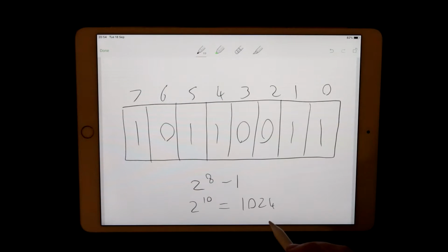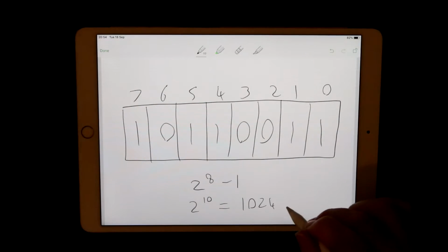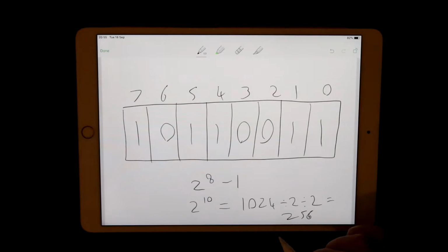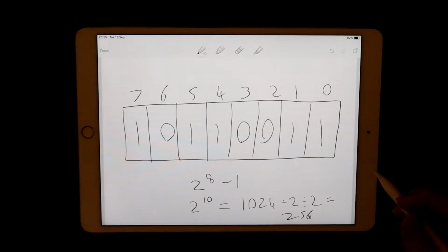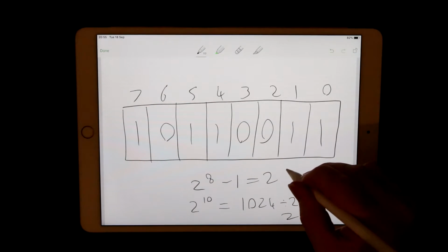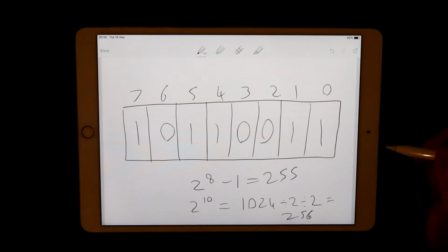So all we need to do to get 2 to the 8 is divide this by 2 twice, which gives us 256. Because 1024 halved is 512, then 512 halved is 256. Then subtracting 1 gets us 255.